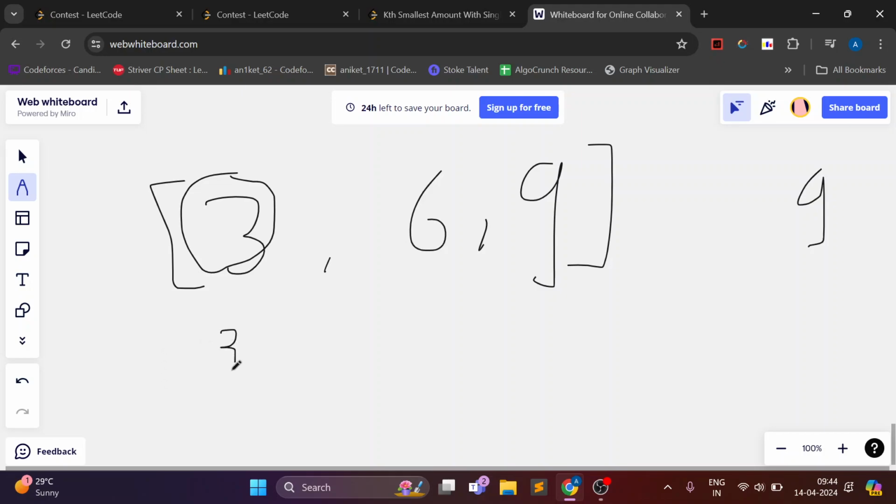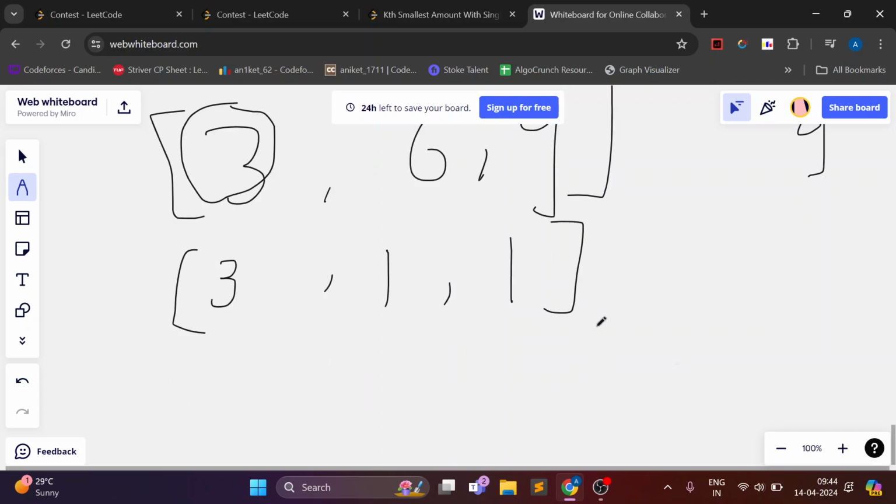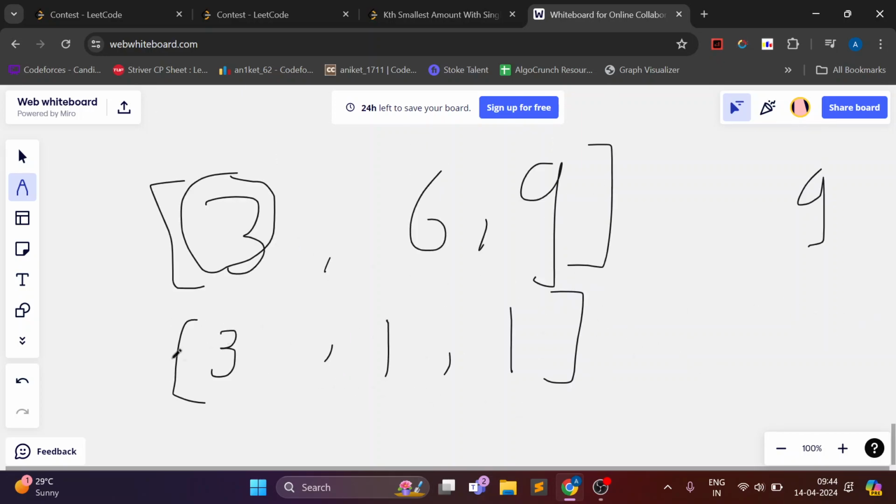You can just calculate it by finding the floor of 9 by 3, which is 3. 9 by 6 is 1.5, but we have to take the floor, so 1, and then 1. So we got the multiples. Now this is definitely a wrong answer, because the sum of this is 5, but our multiples are only 3, because there are some overlapping multiples.